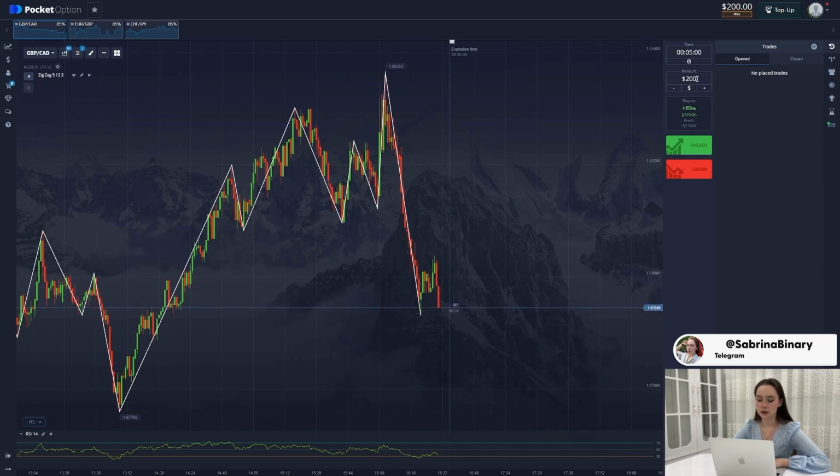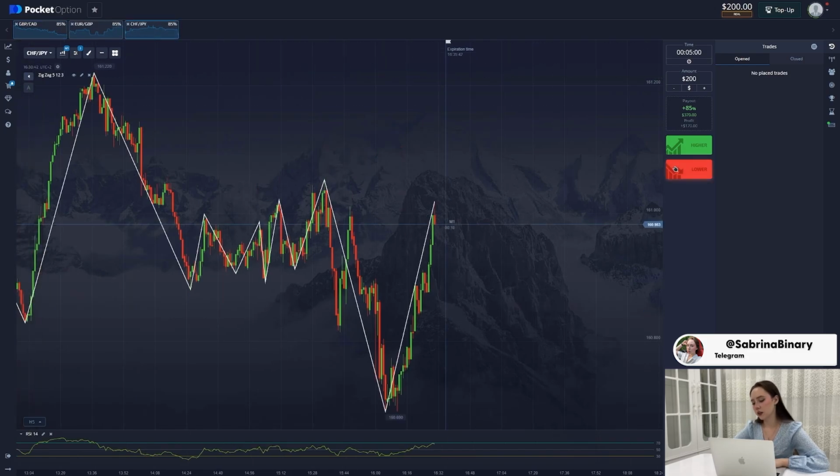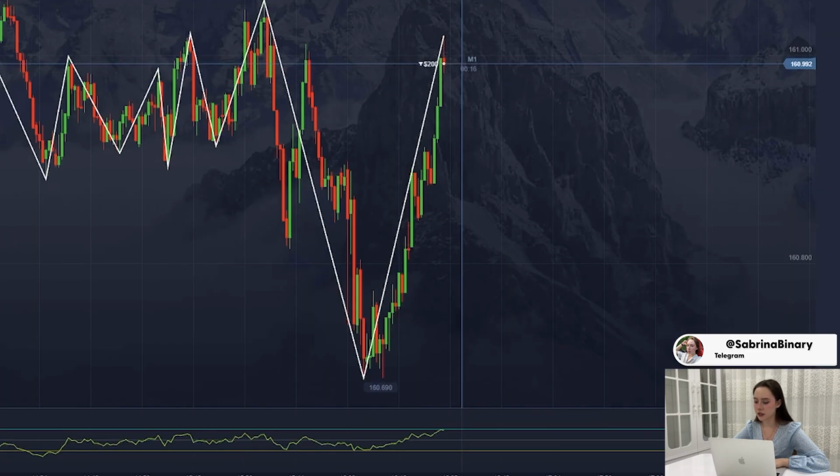So let's begin. I have chosen the first currency pair, and here I will open a trade on the price decrease, and here I observe a wonderful pullback after an updating of the local minimum. Now we have a price pullback, and now we have a local high. After that the chart always goes down.